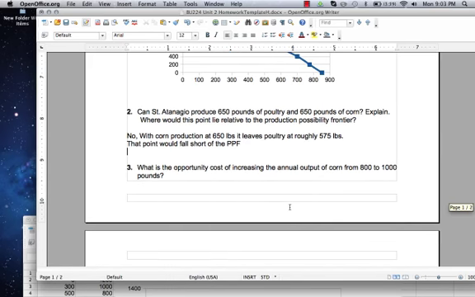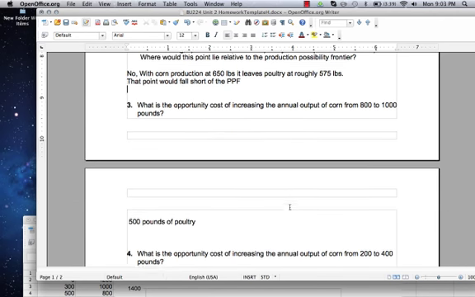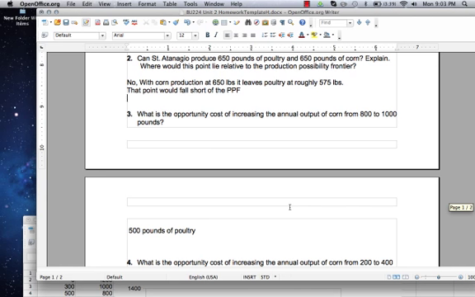Number 3 is, what is the opportunity cost of increasing the annual output of corn from 800 to 1,000? I could make this extremely complicated, but I'm just going to state it as simple as I can. The opportunity cost is basically how much you lose when you gain something, or how much you gain when you lose something.